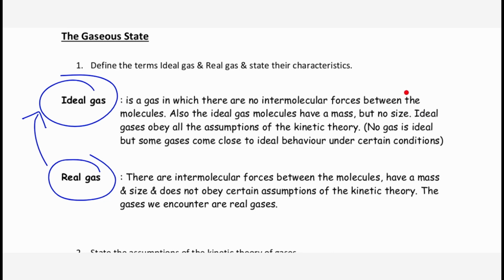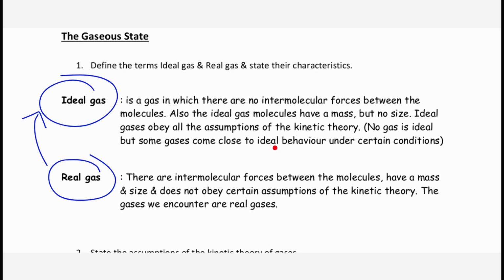Anything which has electrons should have intermolecular attractions, because any compound or molecule which has electrons has dispersion London forces, remember? So it is impossible to have an ideal gas, which is a gas without intermolecular attractions.